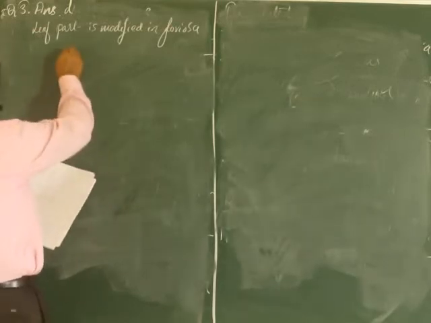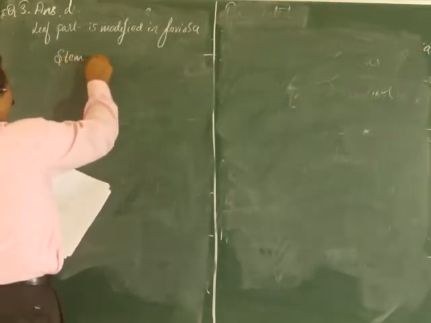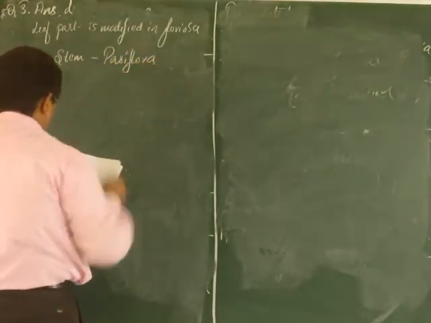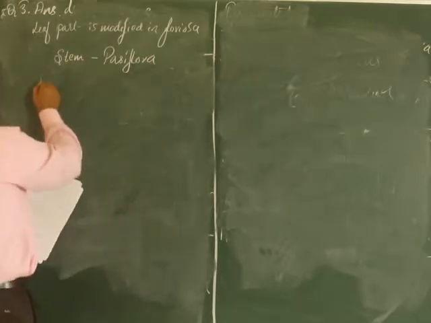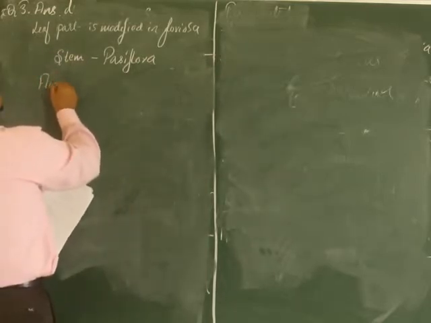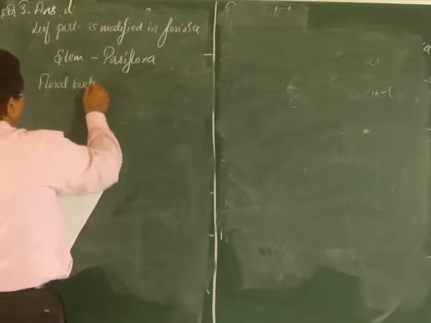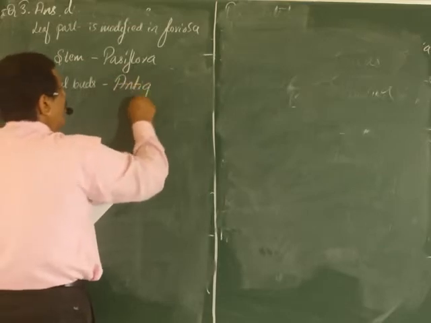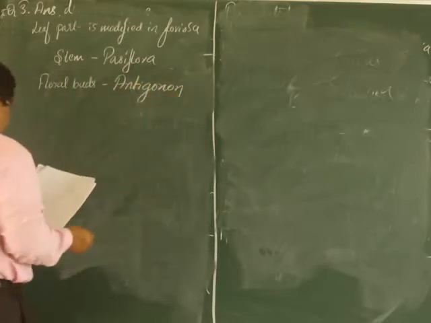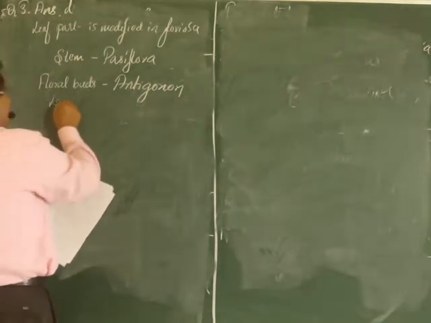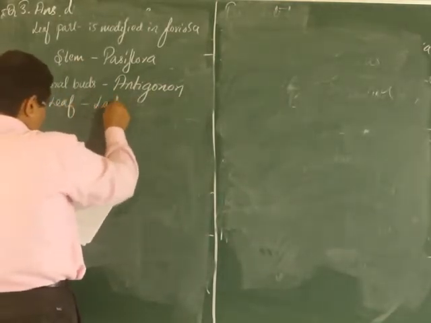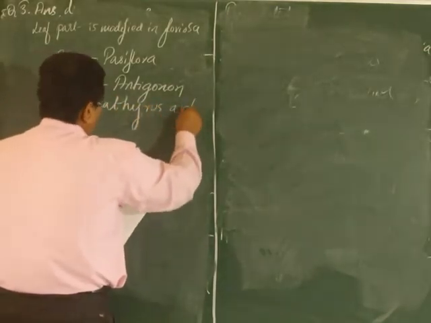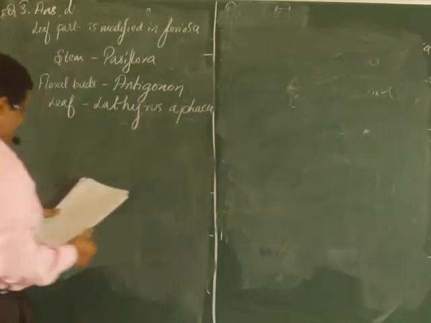Stem is modified into tendril in Passiflora, and floral buds are modified in Antigonon, and leaf is modified in Lathyrus aphaca.